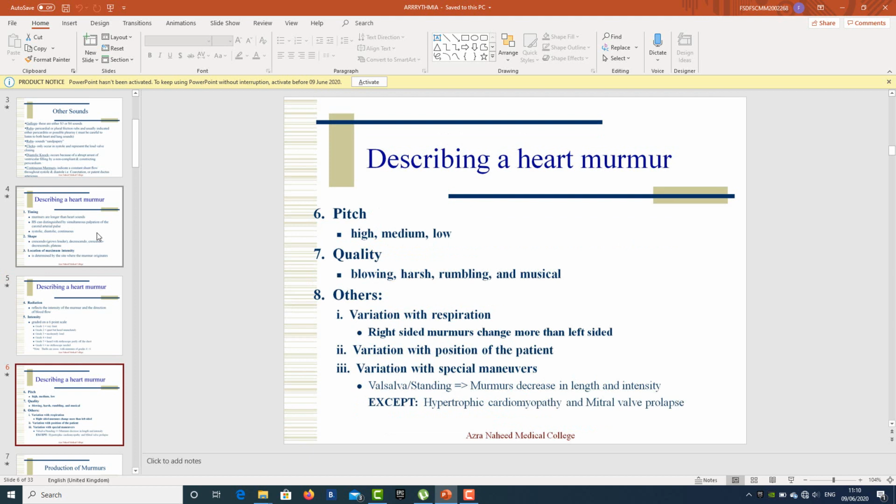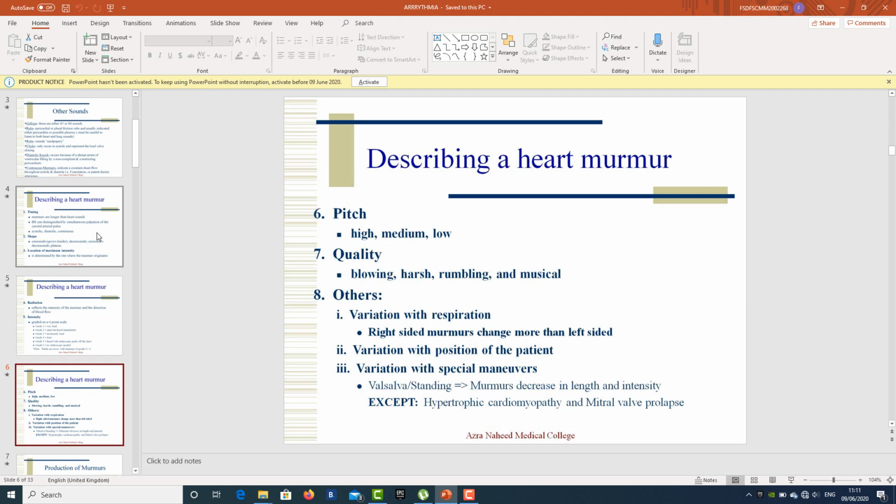Pitch of a heart murmur is high, medium or low. The quality is blowing, harsh, rumbling, or musical. Others: whether there is any variation with respiration. Right-sided murmurs change more than left-sided murmurs. Variation with the position of the patient, and variation with special maneuvers.